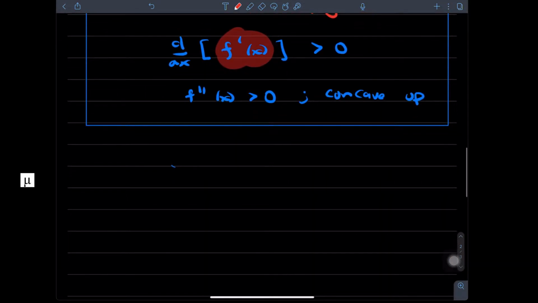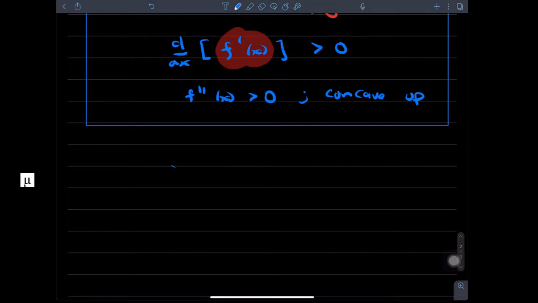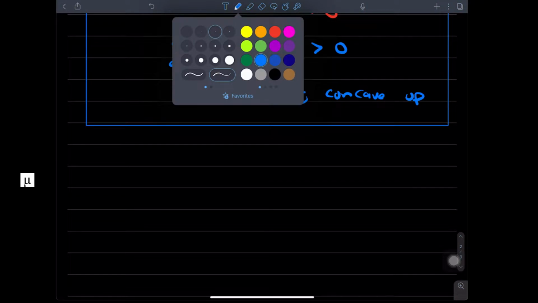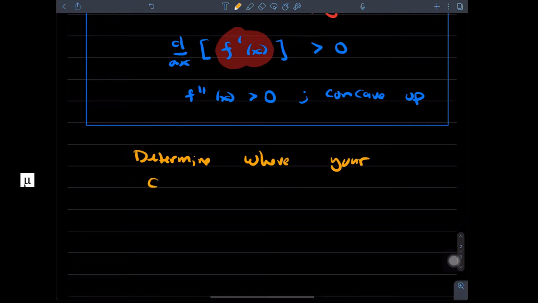So at the end of the day, what are they going to ask you? They're going to ask you these kind of questions, ladies and gentlemen. Should we go back to our spooky colors? They're going to say, determine the interval of concavity. Or determine where your curve is concave up or concave down.